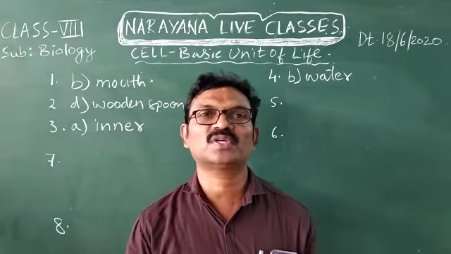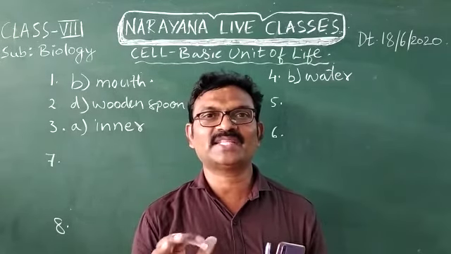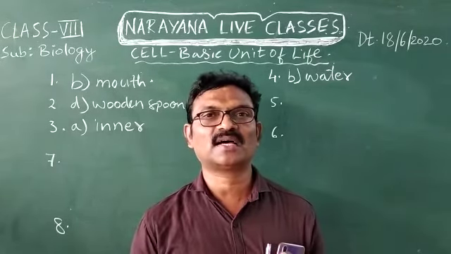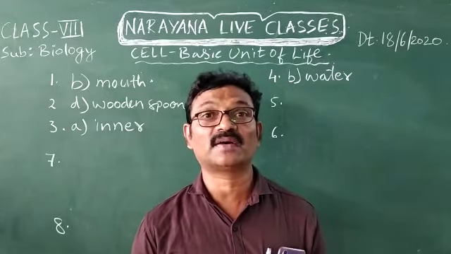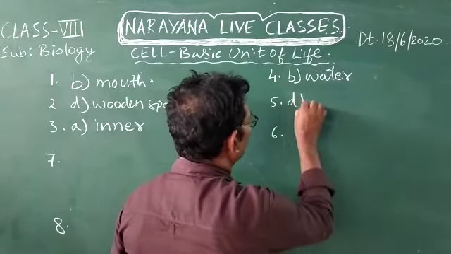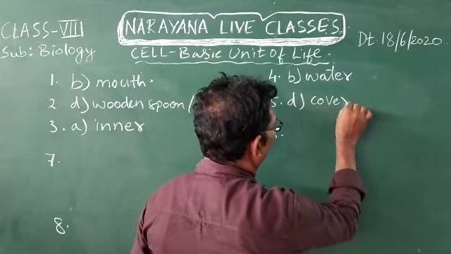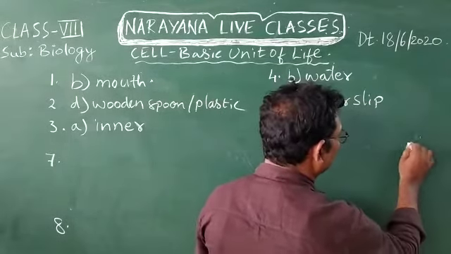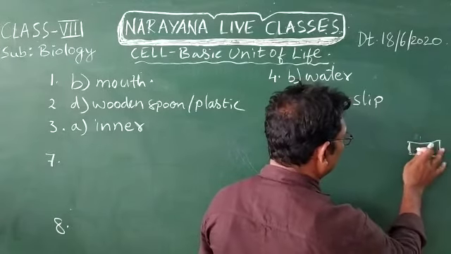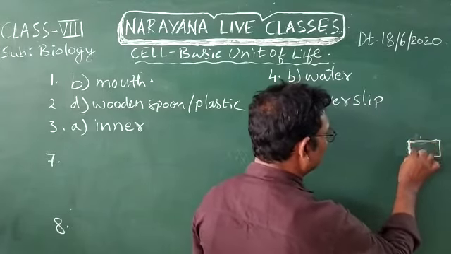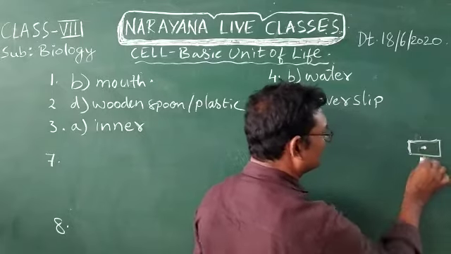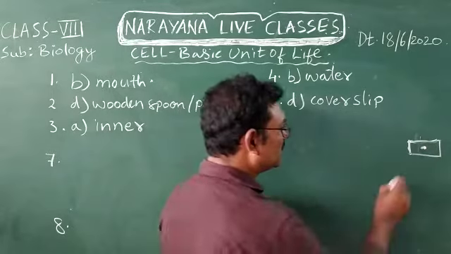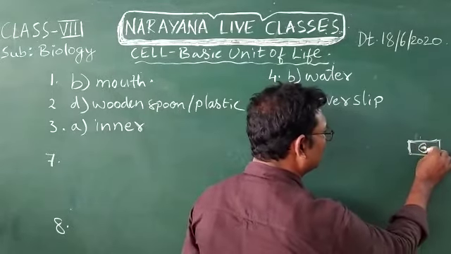Now fifth question. Cover the slide with a dash. Correct option is D. D for cover slip. So cover the material. Suppose here it is a slide. Here we place cheek cells. Cheek cells are covered with a cover slip.